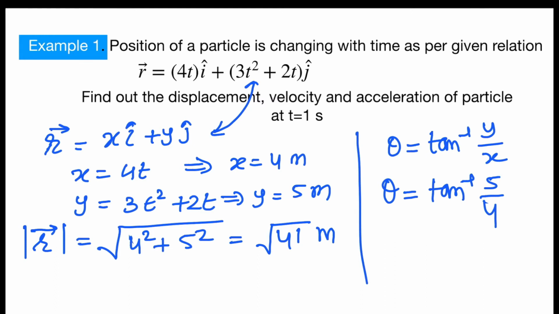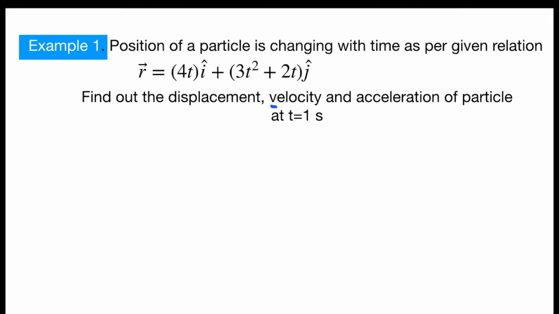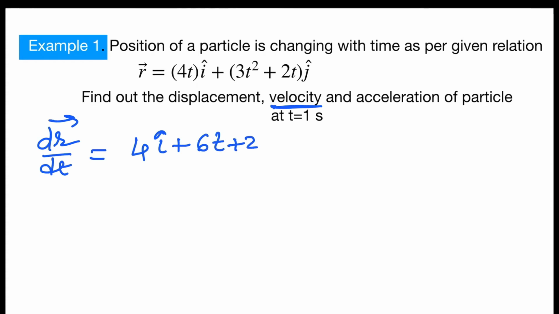Now let's get into the velocity portion. Velocity is defined as the rate of change of displacement with time. So that is dr by dt, and this is equal to 4 i cap plus (6t plus 2) j cap. Here v equals vx i cap plus vy j cap.